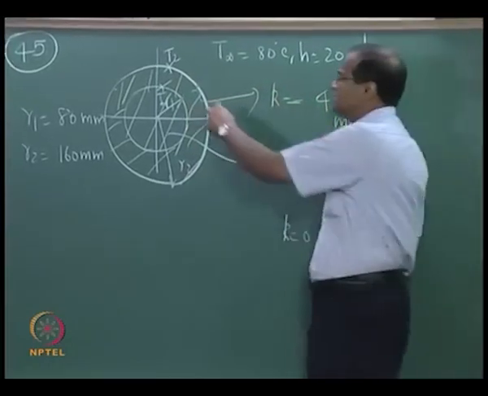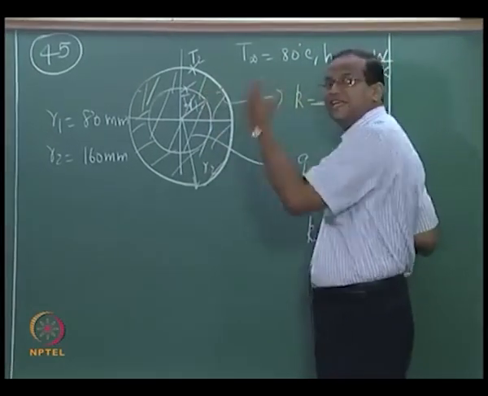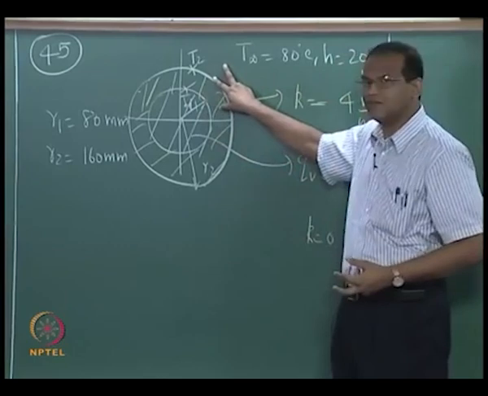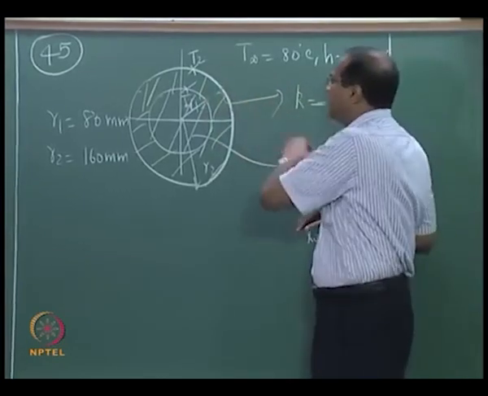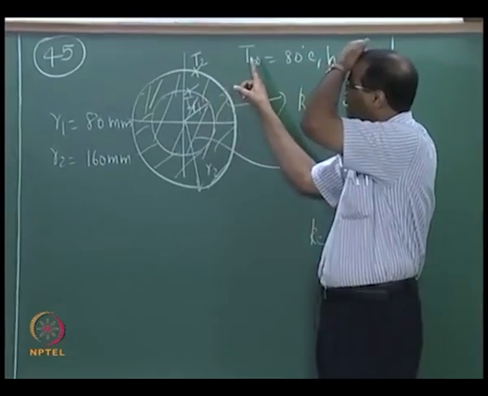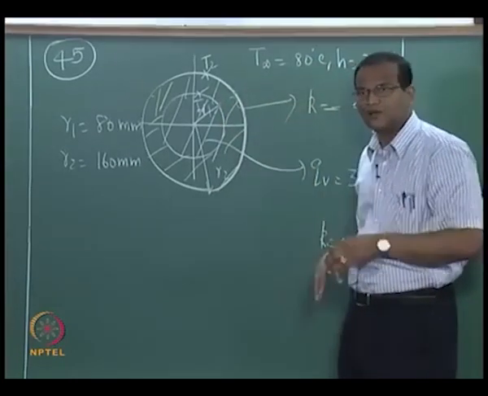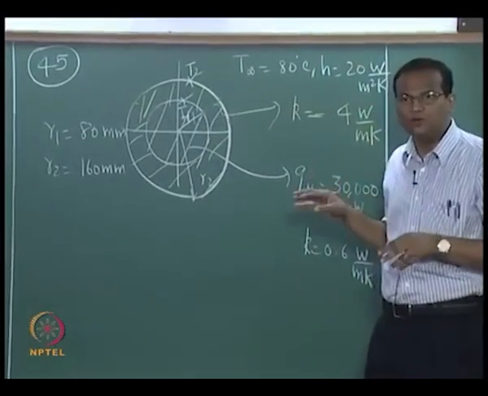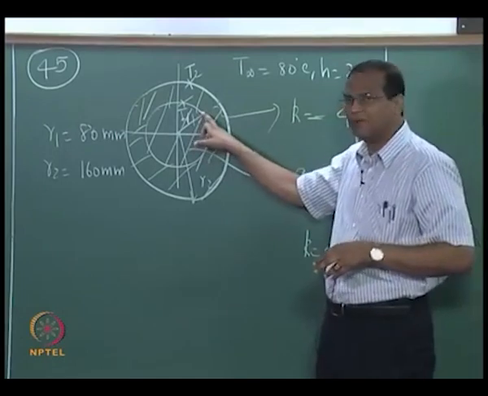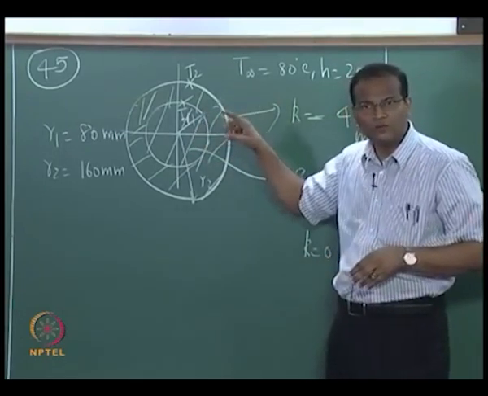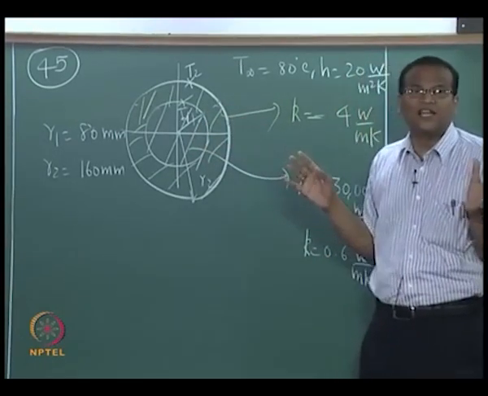What are the two resistances? There is conduction within this sleeve or the tube, plus there is convection here. When you write that, T1 and T infinity are known, and all the other things in these resistances, h and everything, are known. Now this must be equal to Q. So if you have to find T1, you need to know Q, but Q is not such a great thing that we do not know.